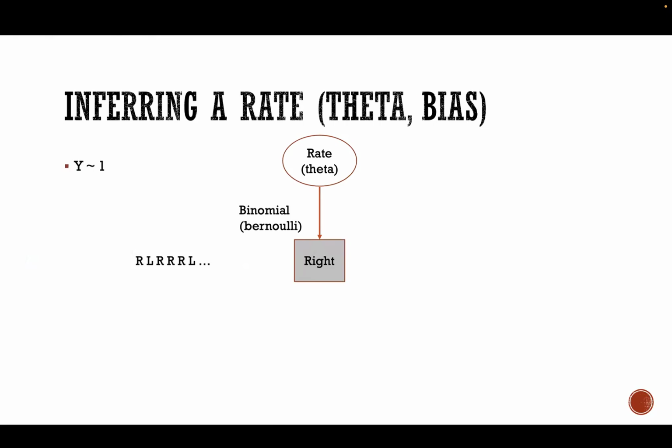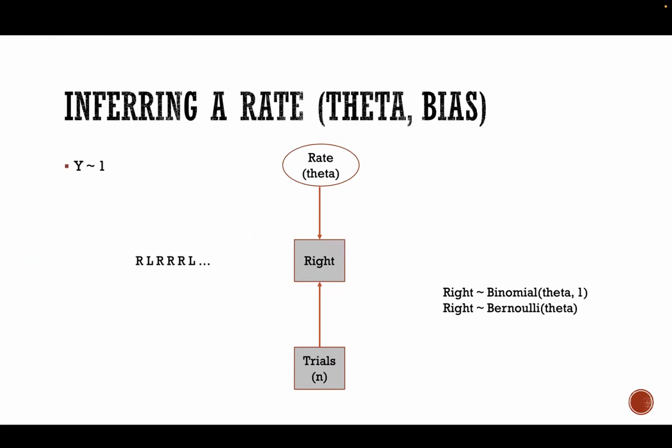So I'm putting them all there. And then we can also observe at which trial we are. The bias is a circle, roughly, because it's a continuous variable, and it has a white background because it's unobserved.